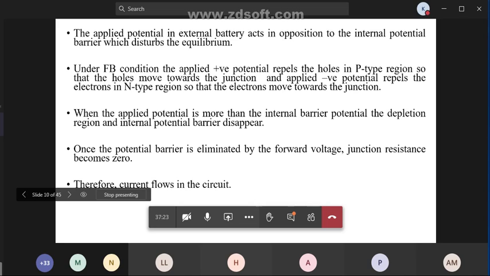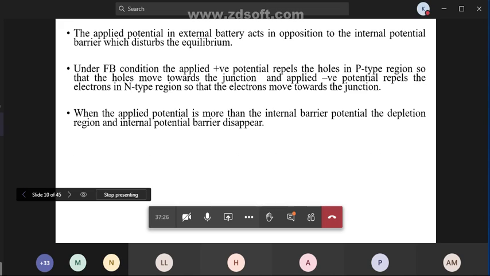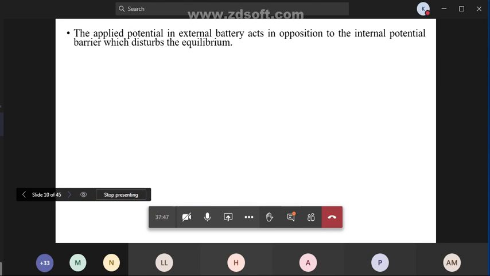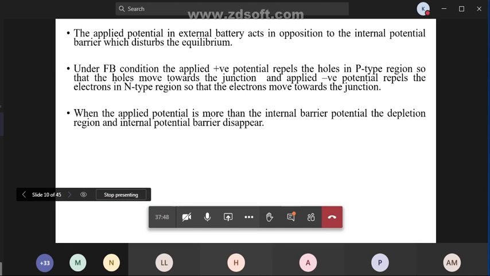Therefore the current flows in the circuit. So when the junction breaks, the junction resistance will be 0, right? In the forward biased condition, the diode conducts, right? We will see in the reverse bias what will happen.